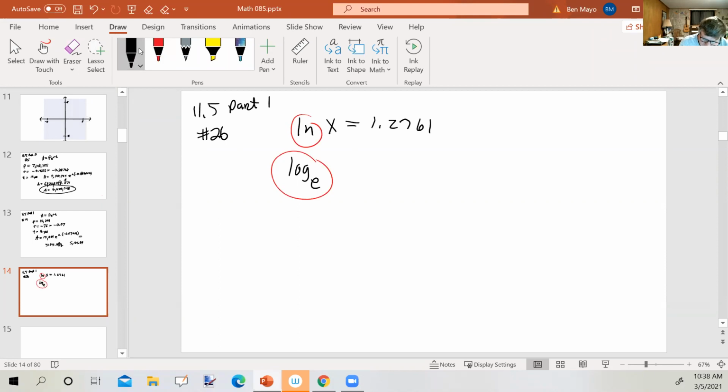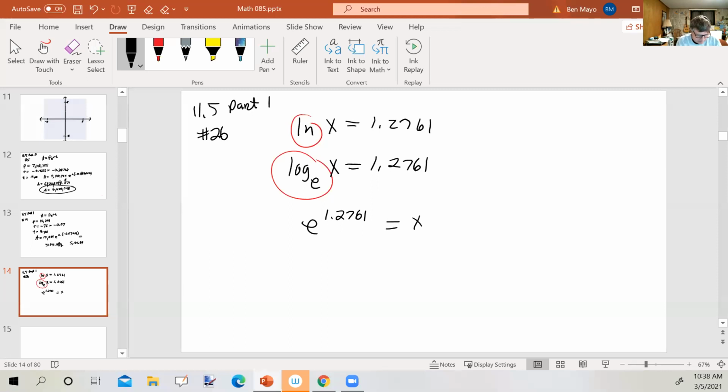So ln x, log base e of x, equals 1.2761. So now we have a logarithmic equation. To change it into an exponential equation, the base is the same, but the other two numbers change places.